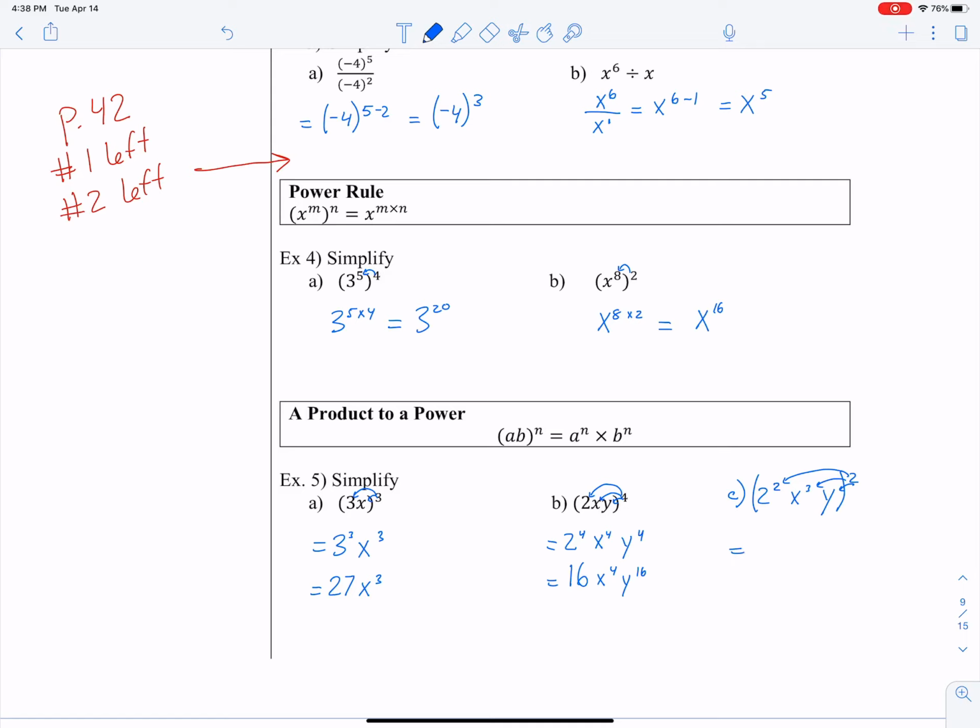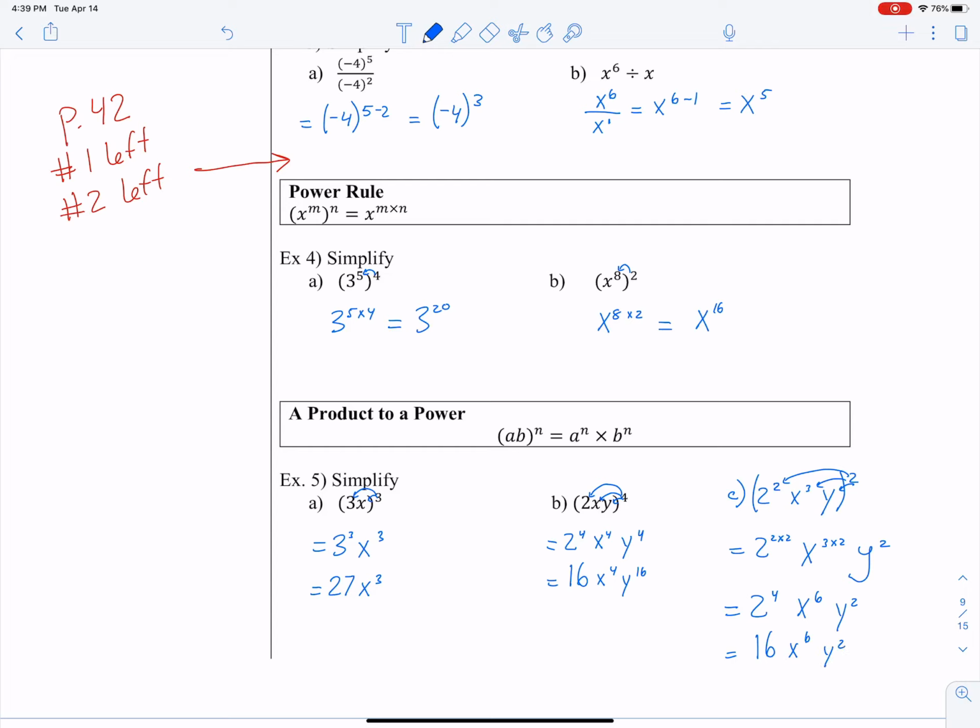So you would get 2 to the 2 times 2, x to the 3 times 2, and then y to the 2, since it had no previous exponent. So you get 2 to the 4, x to the 6, y to the 2, and then 2 to the 4 would be 16, x to the 6, y to the 2.